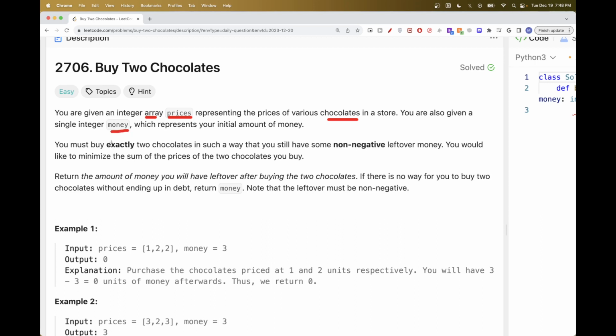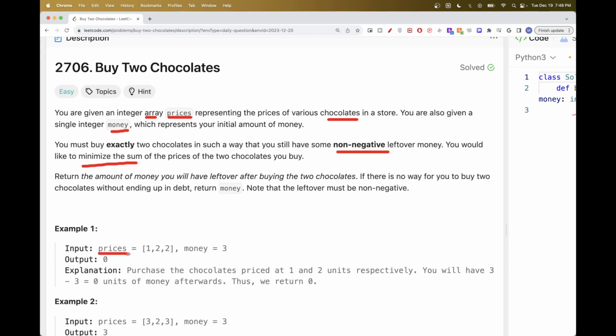And the goal is to buy 2 chocolates such that the leftover money you have is positive or equal to 0. If it would put you under, so if it would make what you have left over negative, which means put you in debt, you don't want to buy them. And the goal here is also to minimize the sum of the price you will pay.